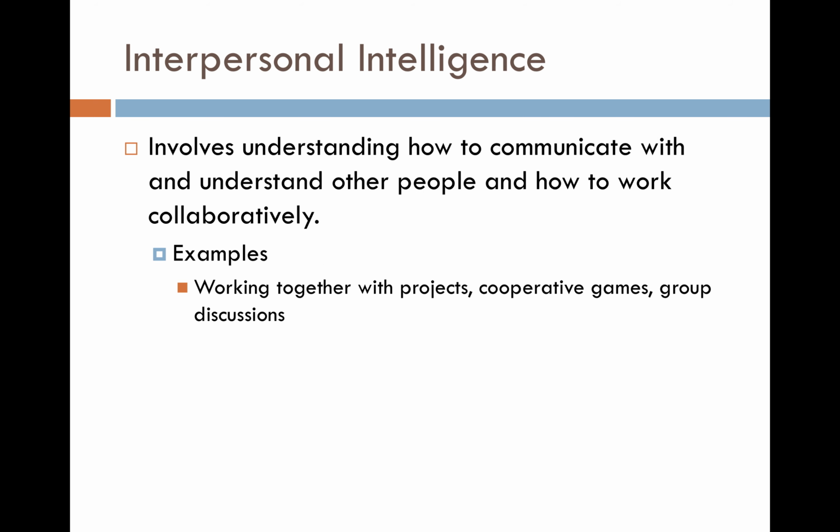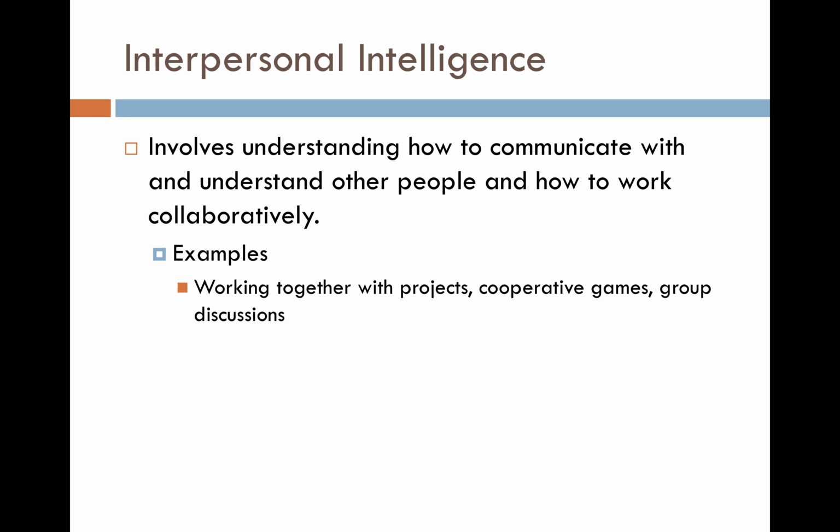Next, we have interpersonal intelligence. This area has to do with interaction with others. A people person, basically. People in this category are usually extroverts and are characterized by their sensitivity to others' moods, feelings, temperaments, and motivations, and their ability to cooperate in order to work as part of a group.